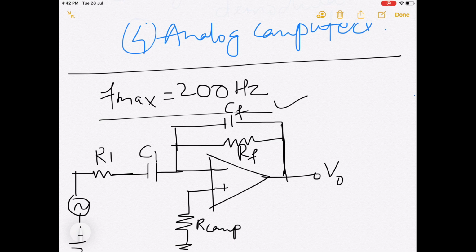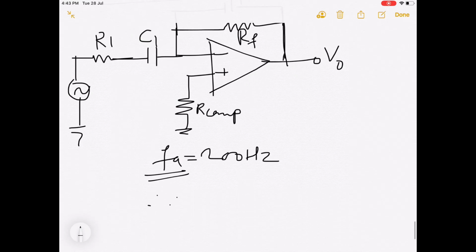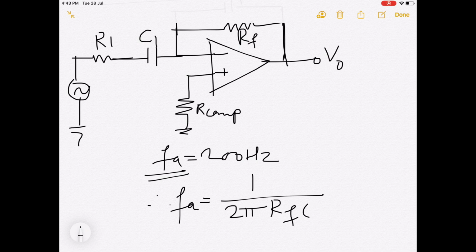We have to calculate, or assume, some values so that we can calculate all the values. F max is given. F max is nothing but the FA in our frequency response, so FA is 200 hertz. FA is at low frequency, where the circuit works as an ideal differentiator, and for that you write the formula 1 upon 2 pi RF C1.